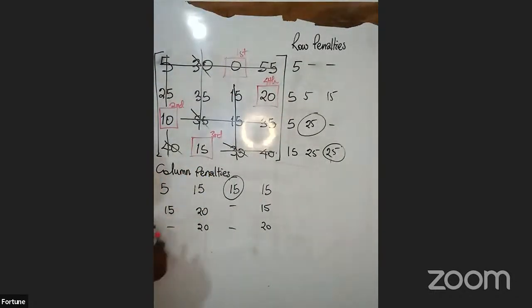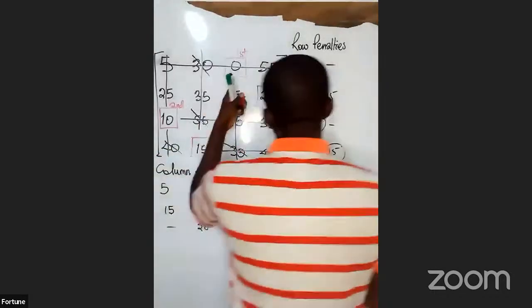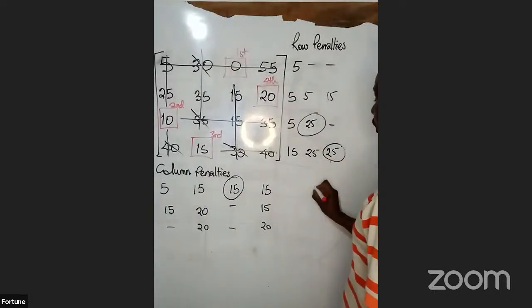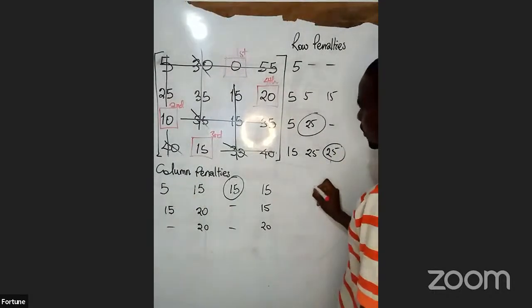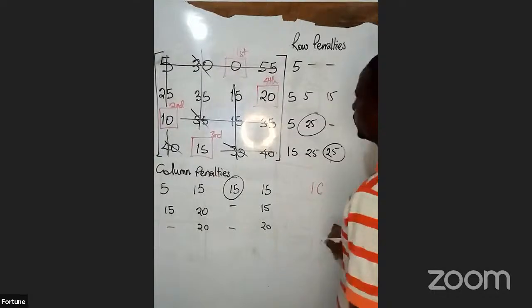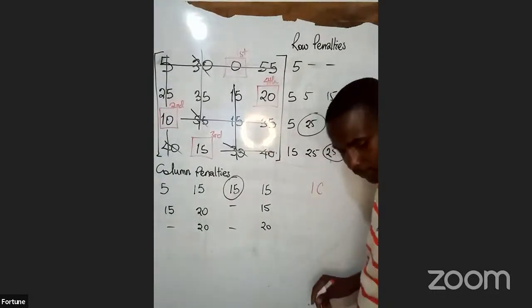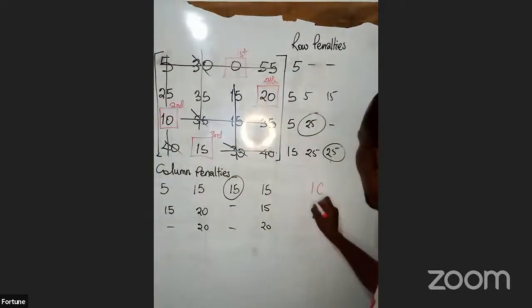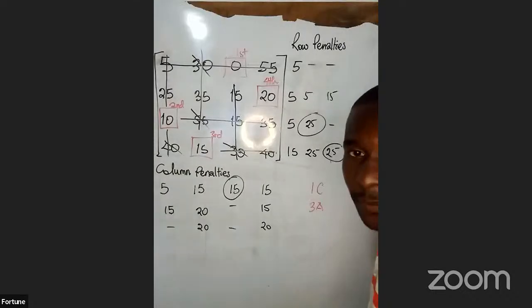What did we get initially? We can compare it to our previous answer. This is 1C. We had 1C then. This is 3A. We also had 3A.